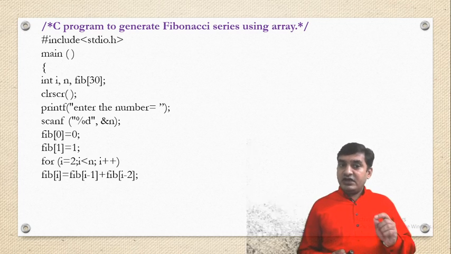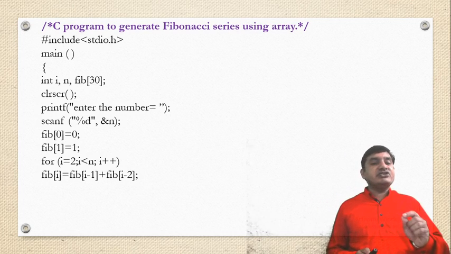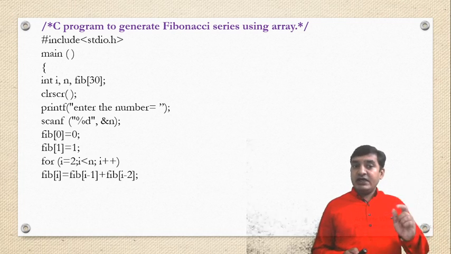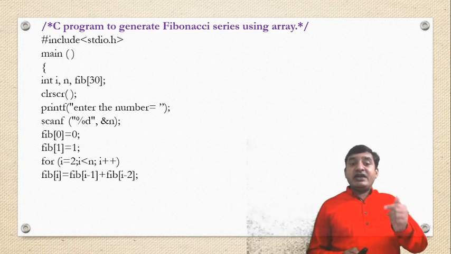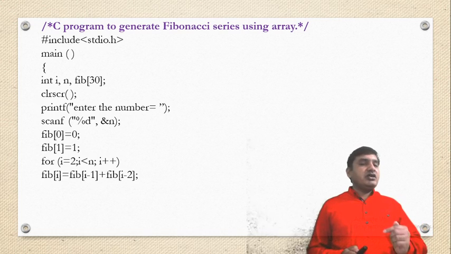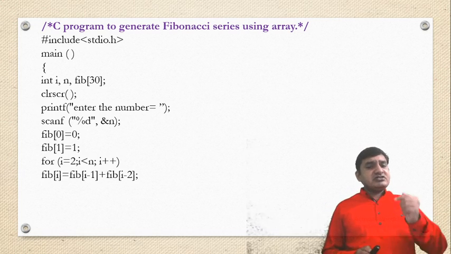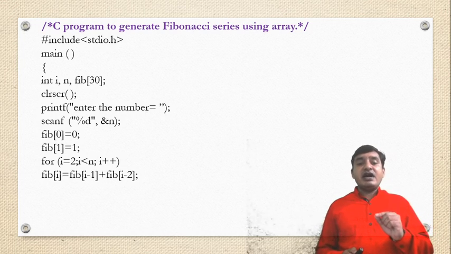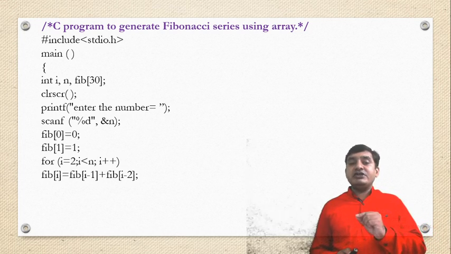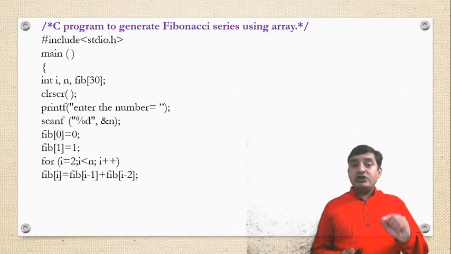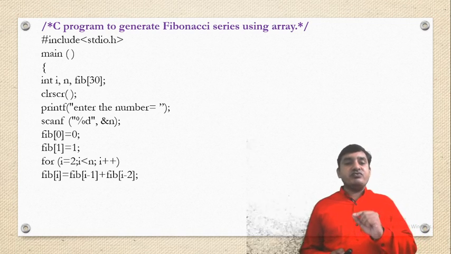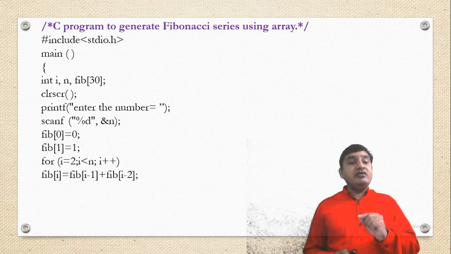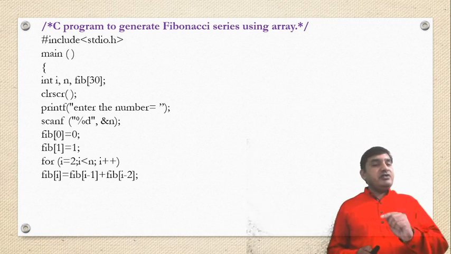Here we initialize i is equal to 2, that is, we get the third term of the Fibonacci series. This third term is equal to FIB[i-1], meaning 2 minus 1, which is 1. So FIB[1] is 1.